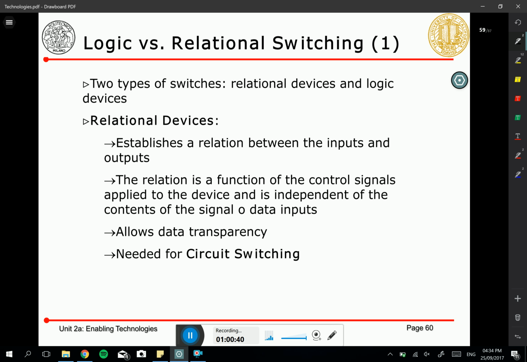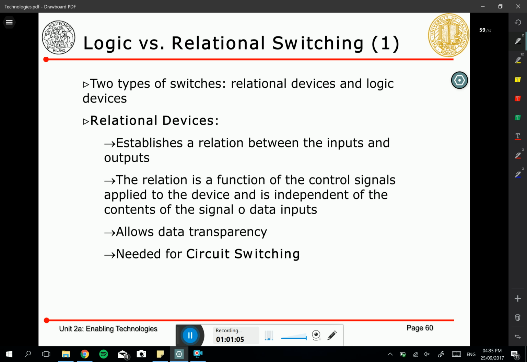It's one conceptual level, one level of abstraction above. I say that is a relational switch when it simply associates one input with one output. Anything that gets into this input goes from this output. It's a relational switch. Optical switches work like this. The IP router doesn't work like this.